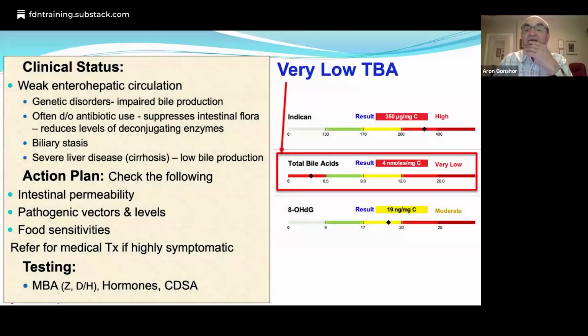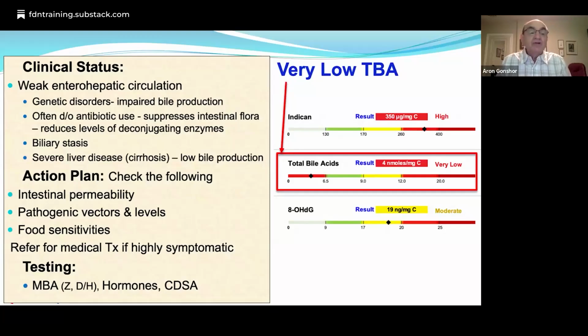One last thing I want to mention is if there's very low TBA, what if it's just extremely low? Well, there's very weak enterohepatic circulation. The areas of the intestine and the liver are not circulating properly. This could be due to genetic disorders. Maybe there's impaired bile production, and this person's had it for a long time.